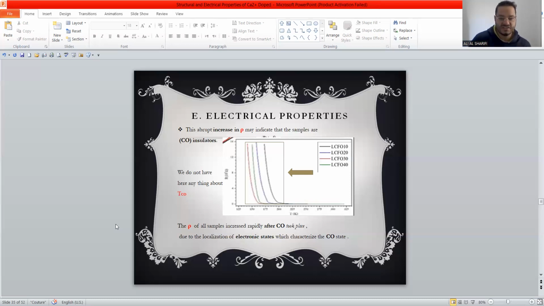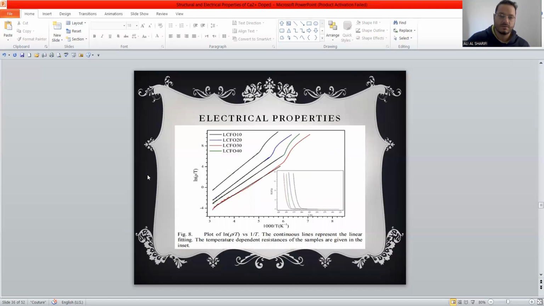What is the main reason for this behavior of charge ordering? This is the localization of electronic states. Here, we will try to make a simple conclusion about where the charge ordering temperature is.